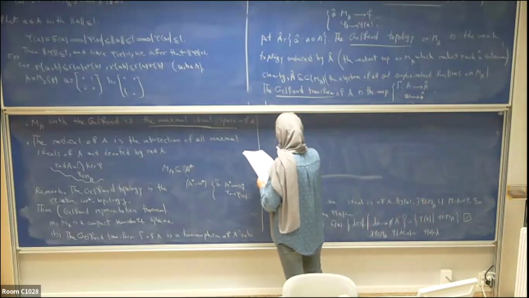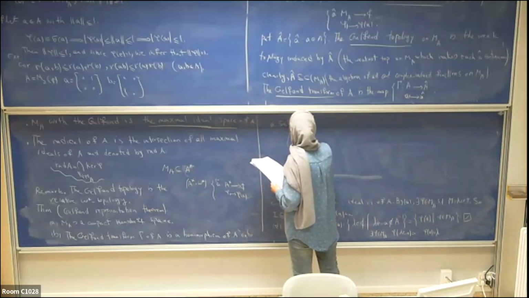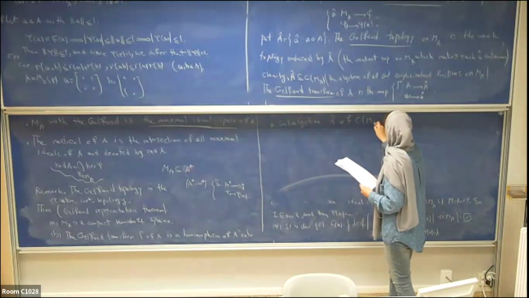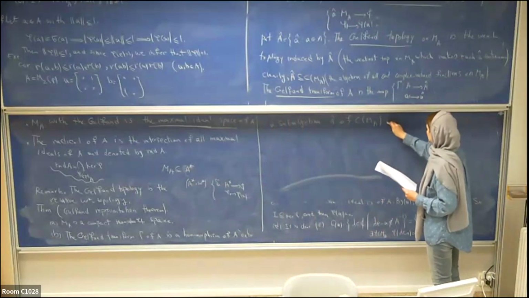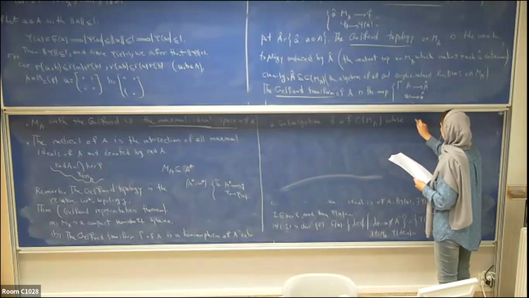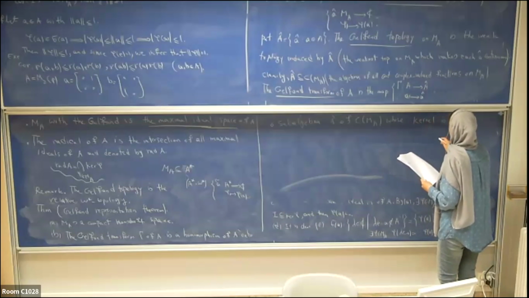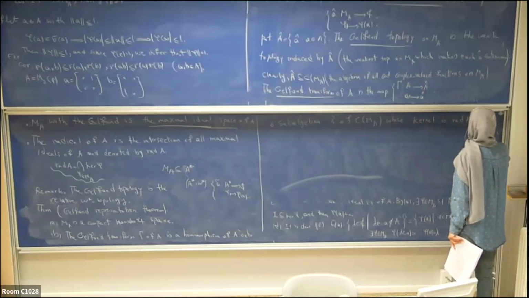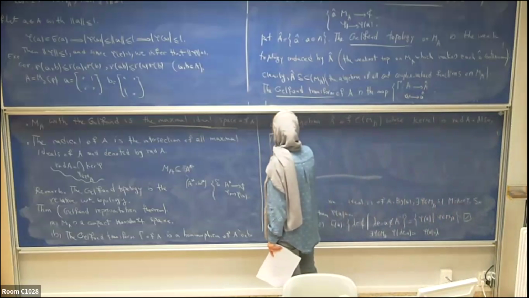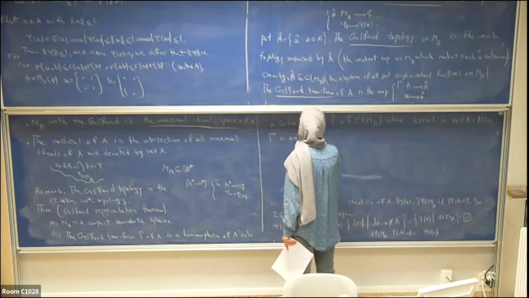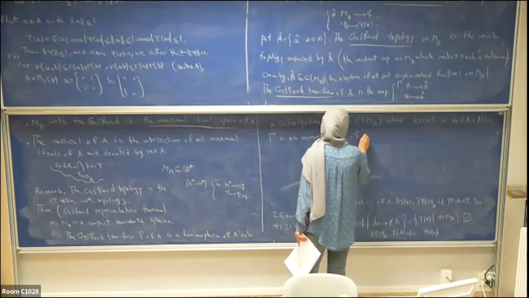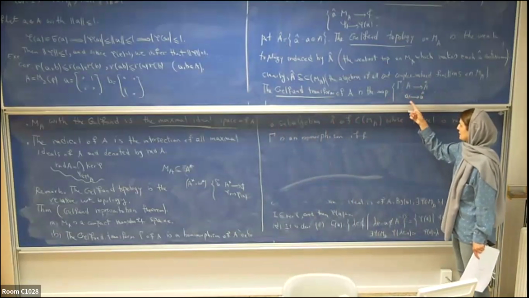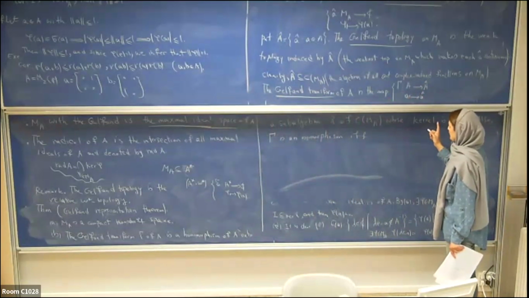A subalgebra A hat of C of M of A, whose kernel, or null space, is the radical of A. And also the Gelfand transform is an isomorphism if and only if, because it is surjective, but for isomorphism we need injectivity, so the kernel of gamma should be 0.